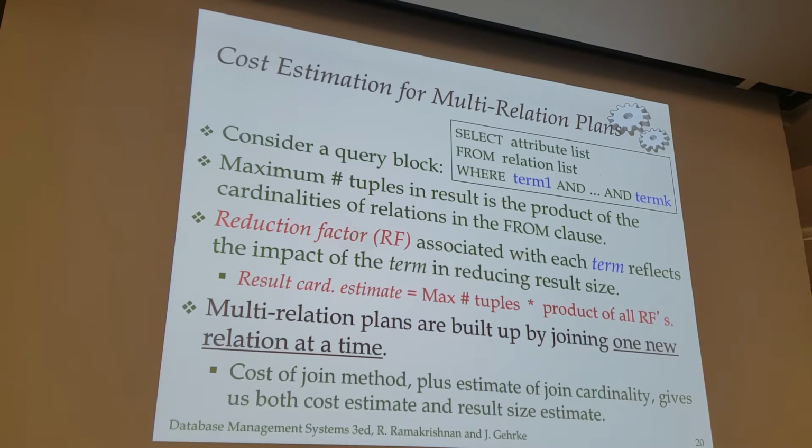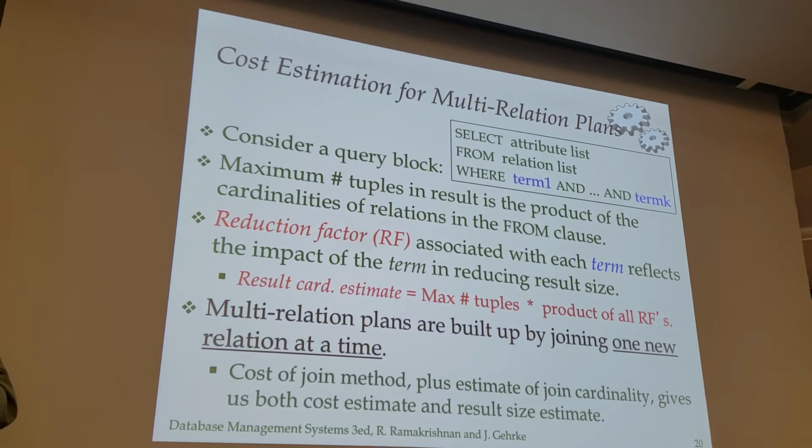It's going to be 1/10 for rating equal 8. So we're going to take the product of the RF. So again, two interesting assumptions: uniformity. Every rating has the same number of sailors approximately, which is what you do when you don't know any better, because what else could you do? And independence, which is that, again, we're not going to assume that older people have higher ratings or things like that.